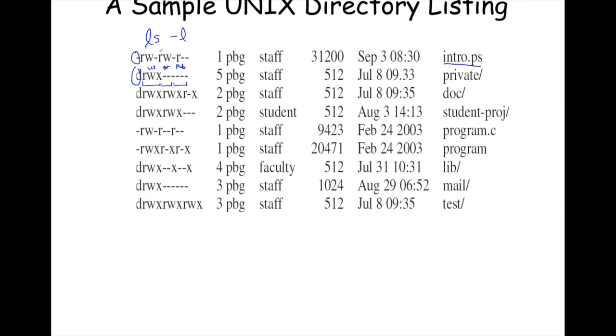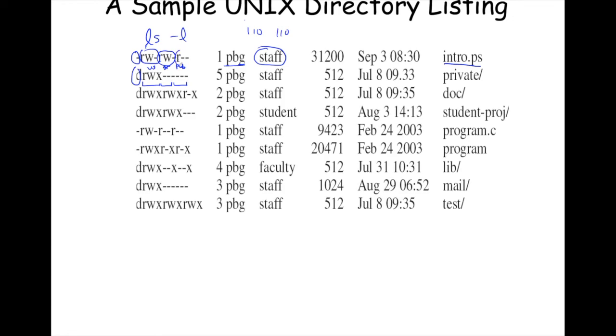And so here we have this file called intro.ts. It's a PostScript file because of that extension .ts. The user permissions are 110, so you can read or write, and the username is PBG. The group is read, write, nothing, so it's 110, no execute. That means anyone in that staff group can read or write, but not execute this intro.ts.